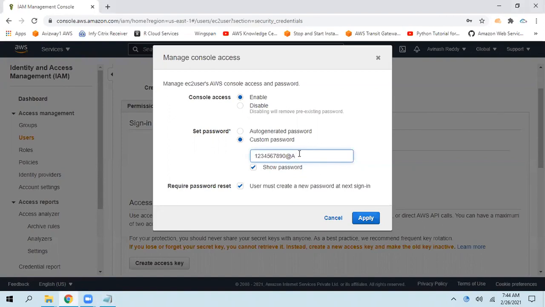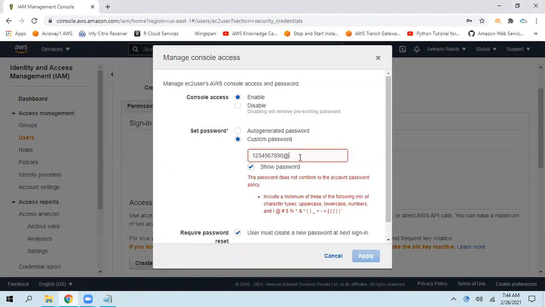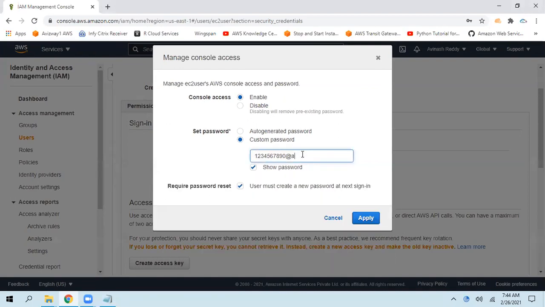But I want to set my own password. I want a capital letter as well as a small letter. If I don't have a capital letter, see, it gives an error. So I must have a capital letter as well as a small letter, alphanumeric and a special character. To customize these password rules, we depend on the password policy.